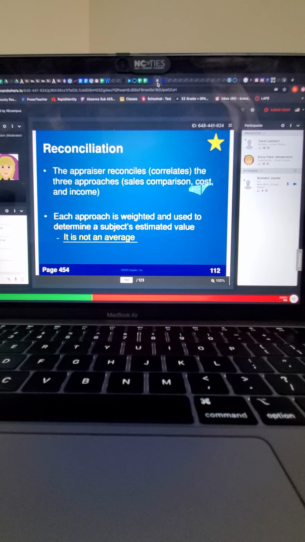But if it's a unique property, such as a fire department or a school building, which approach would be most comparable? Sales comparison, cost, or income? Cost approach, right.